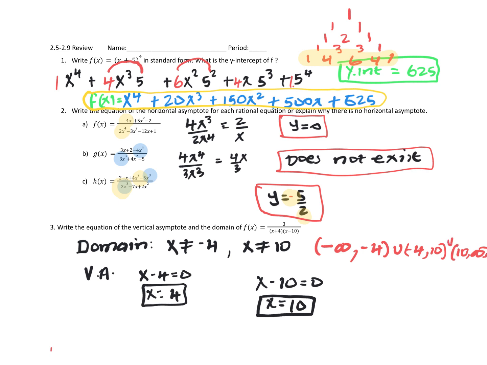That's another way of writing the same thing. And of course, for the vertical asymptote, it's just going to be in equation form. x equals -4. We are setting the denominator to 0. x equals -4 and x equals 10.